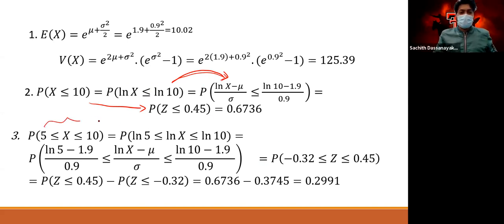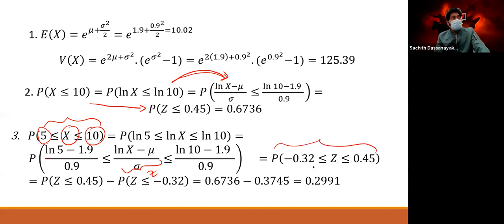Here it doesn't matter. Same as the previous cases, you can do the same thing for all three values. The middle becomes Z. So it is very similar to what we have done in the normal distribution. After this point, it is easy.